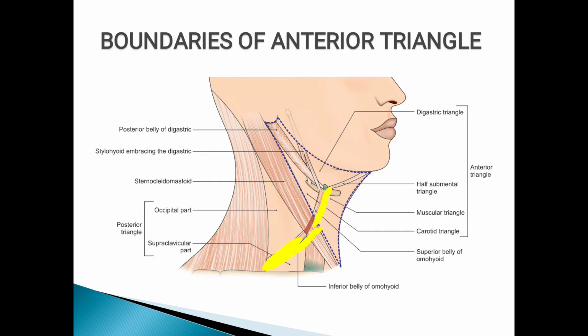This muscle which I have marked with yellow color is the omohyoid muscle, and the omohyoid muscle has two bellies, the superior belly and inferior belly. This omohyoid muscle arises from the scapula near the suprascapular notch.